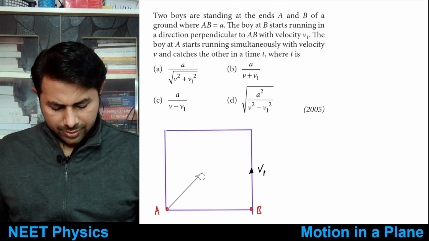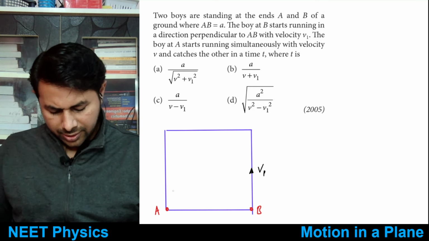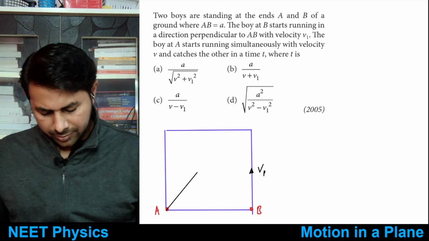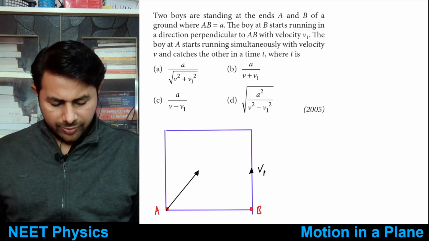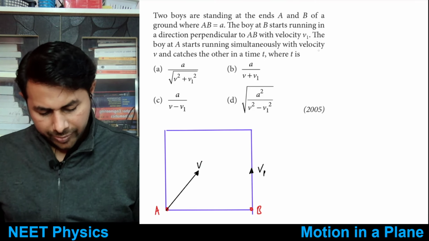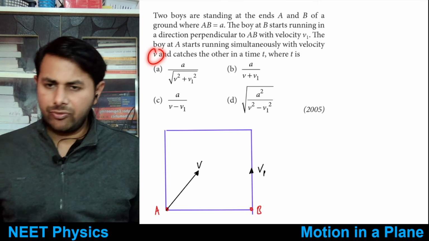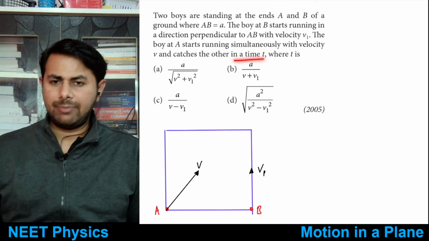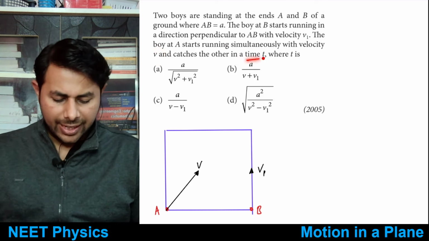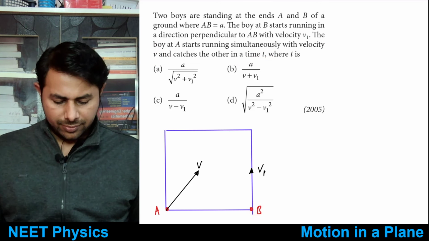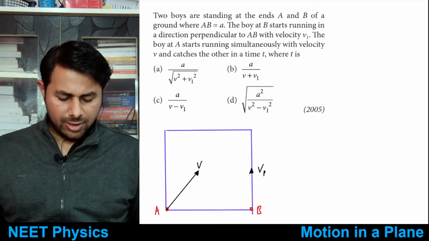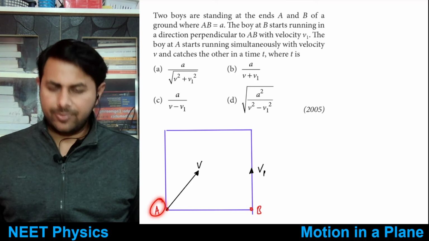He runs something like this. This is the velocity of this guy. He runs with the velocity v and catches the other in time t. Now in order to catch B, how much should be the y component of his velocity?